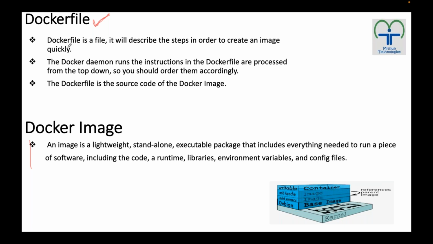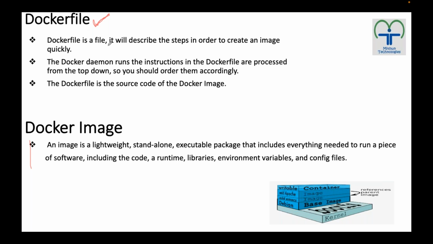What is the file which is internally used to create that jar file, war file if you are using Maven? pom.xml, right? Similarly, if I want to create a Docker image, what is the input for you to create it? Dockerfile.